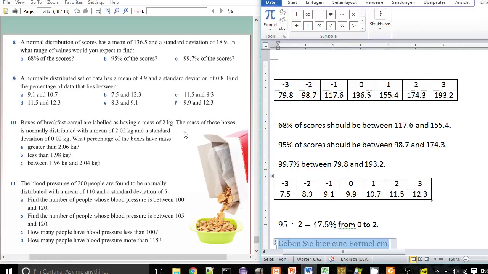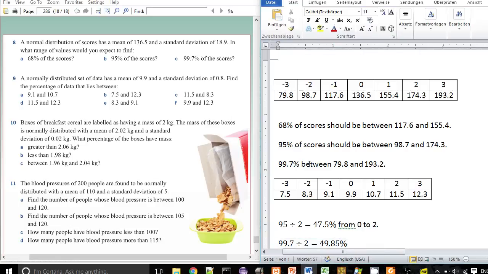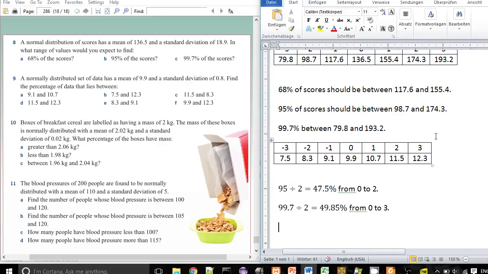And then if I do this one, 99.7 divided by 2, 49.85, that's from 0 to 3. I hope that makes sense. You just halve it. Instead of being between -3 and 3, it's between 0 and 3, or 0 and 2.